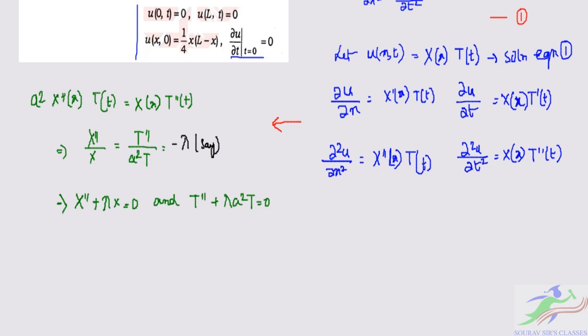These differential equations will have different solutions corresponding to different values of lambda.